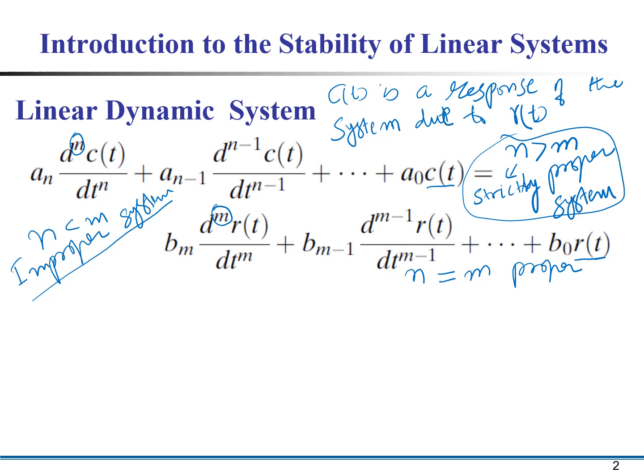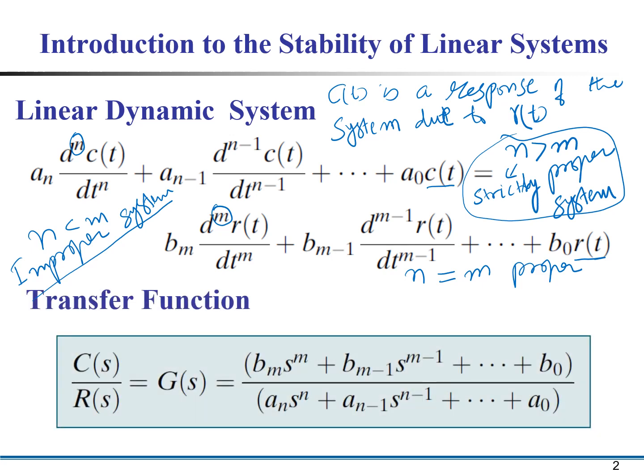Then if the initial conditions of this differential equation are 0 and we take the Laplace transform of the input and output, and then we do some operations on the result, it is possible to write the transfer function of the system like this.